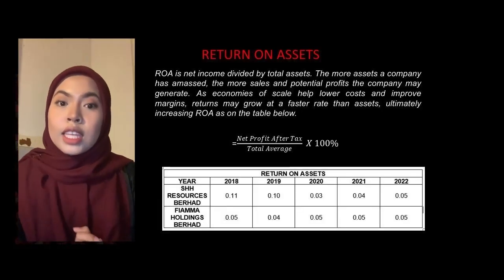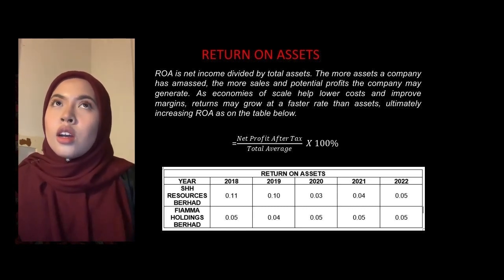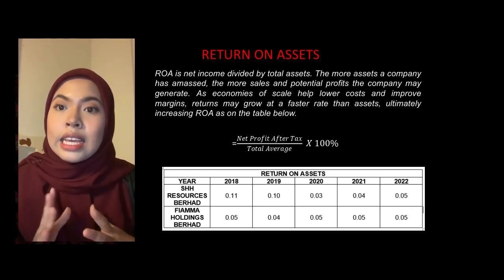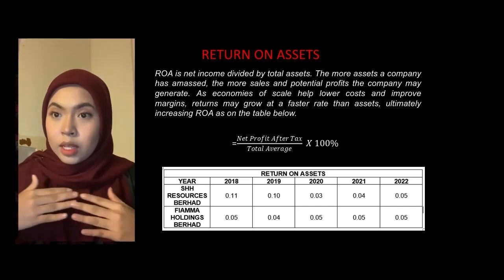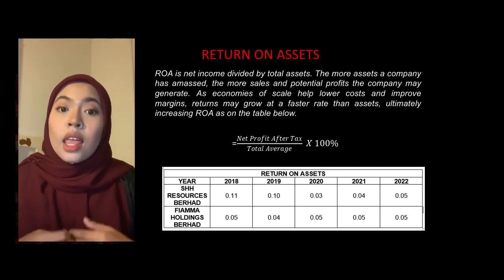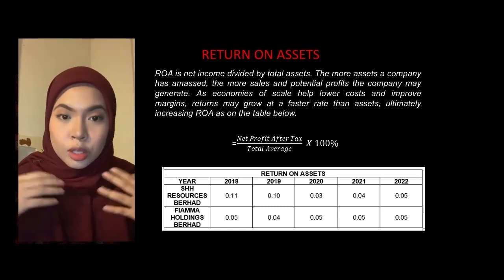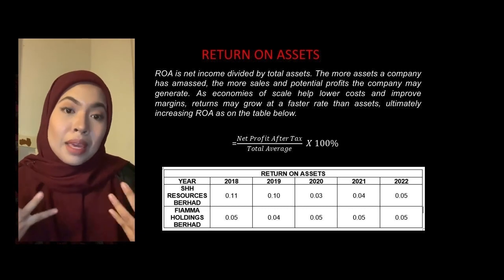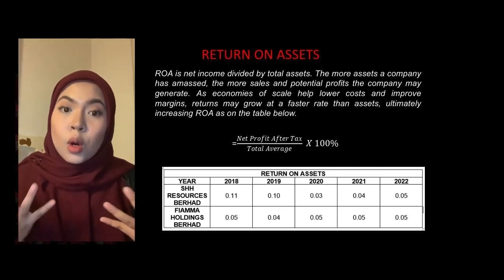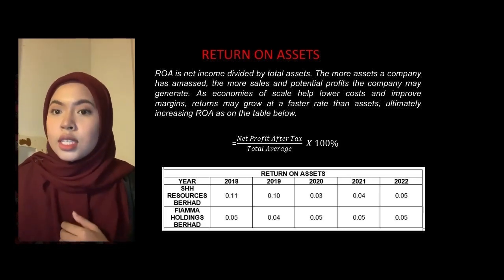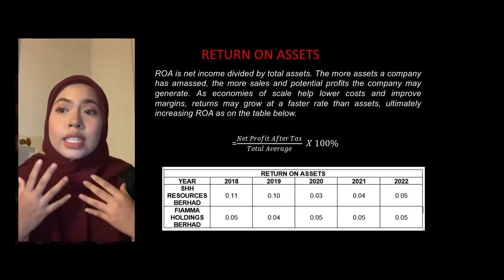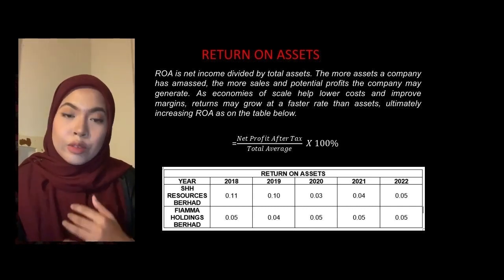Now we move to return on assets, or ROA. ROA is the net income divided by total assets. The more assets a company has amassed, the more sales and potential profits the company may generate. As economies of scale help lower costs and improve margins, returns may grow at a faster rate than assets, ultimately increasing ROA.